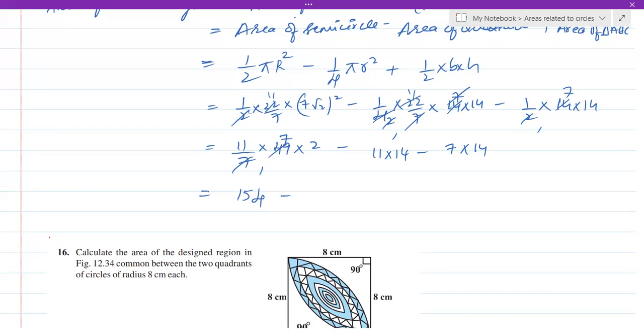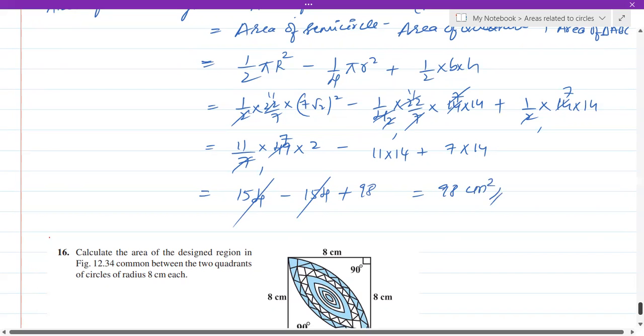So 154 minus 11 into 14. 11 into 14 is also, okay, this is actually plus. 154 minus 154, and 7 into 14, or 14 sevens are 98, isn't it? So here, as you can see, plus 154 minus 154 gets cancelled. So we're left with 98 centimeters square.